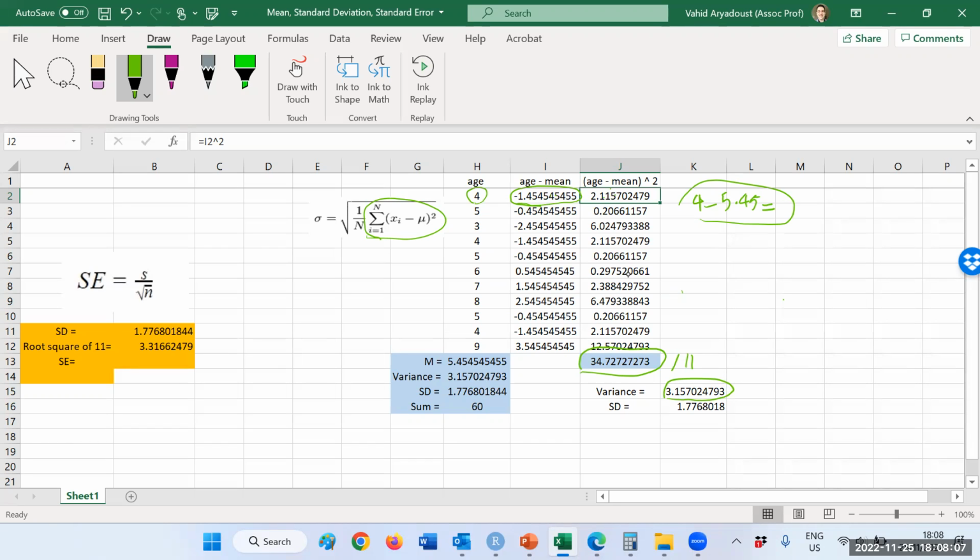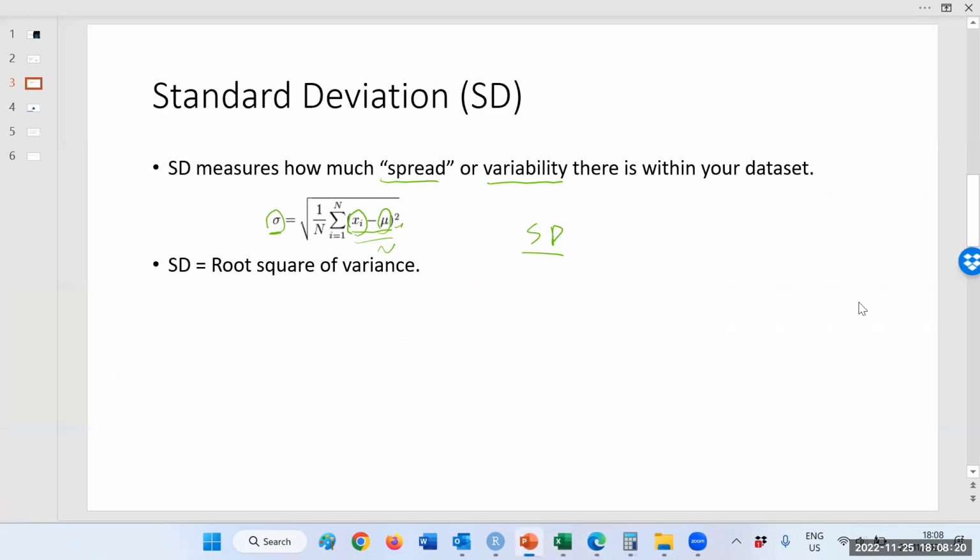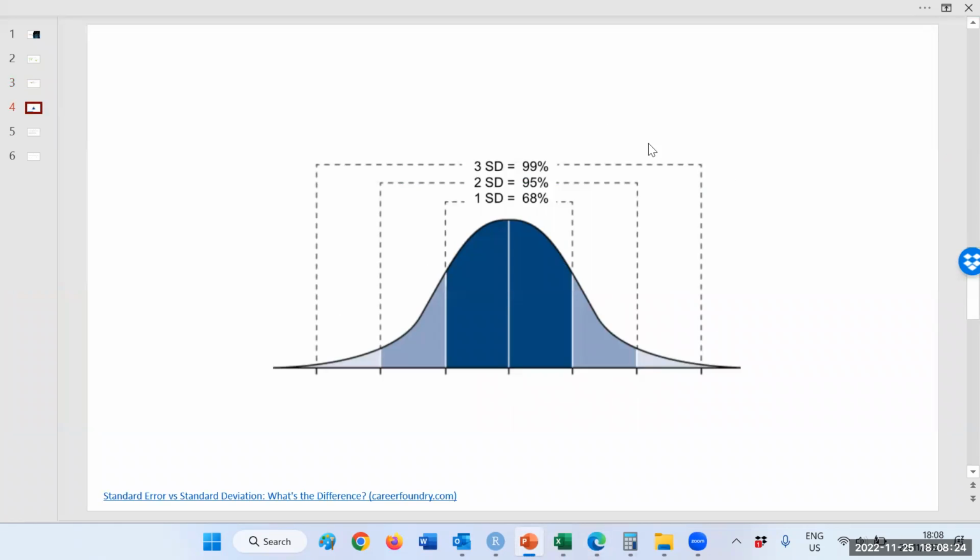Now, if you get the square root of your variance, you'll get the standard deviation. Standard deviation is very useful because it shows the amount of spread around your mean values. So the standard deviation is also represented here in a normally distributed population, which is much larger than the distribution that I presented before.